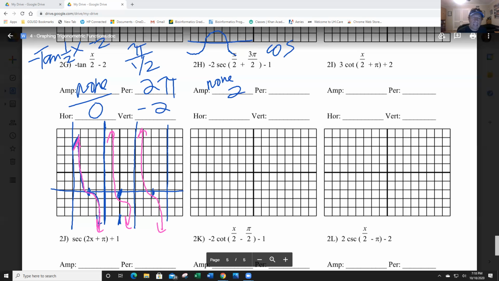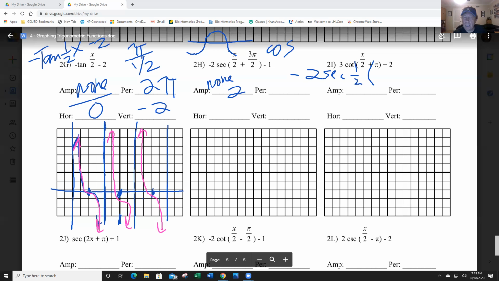Now, I'm going to need to rework this a little bit, okay? So I'm going to write that right here. Negative 2 secant, and then I'm going to take a half out of this. Wow, this is going to be really tricky.